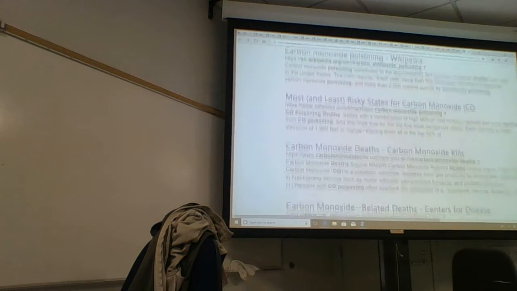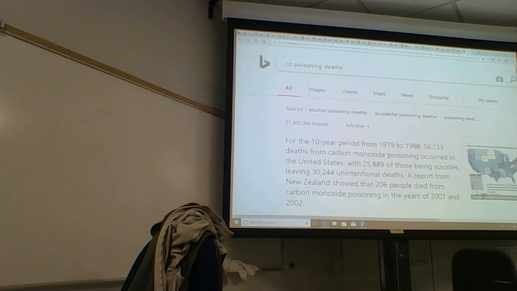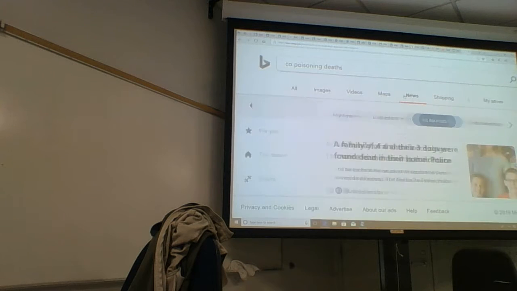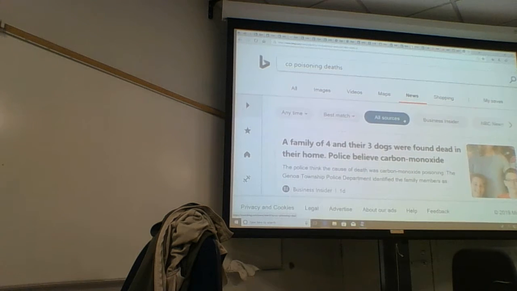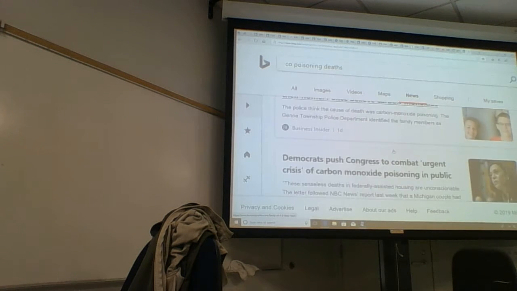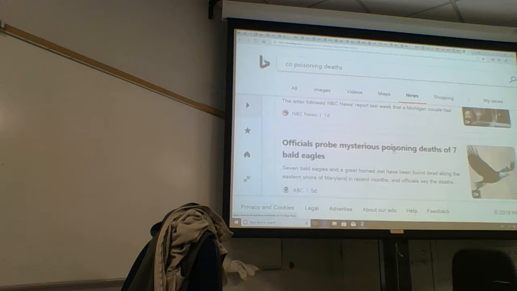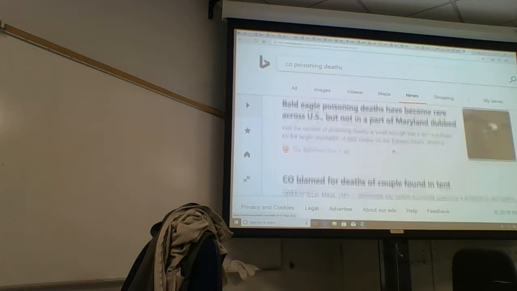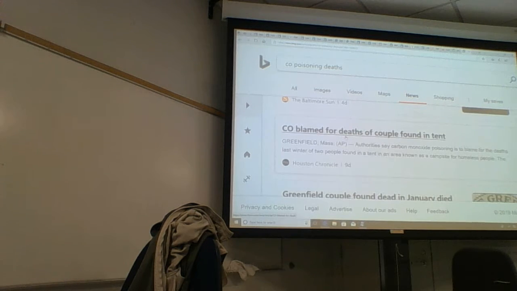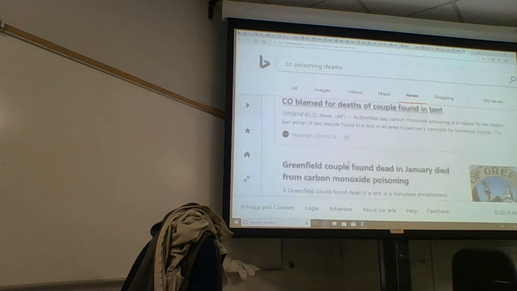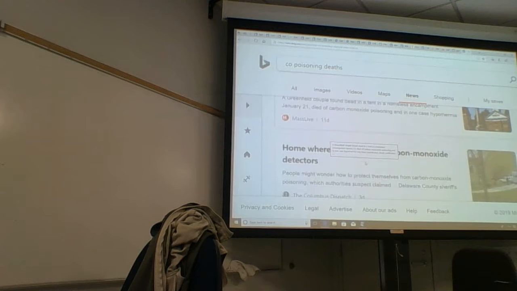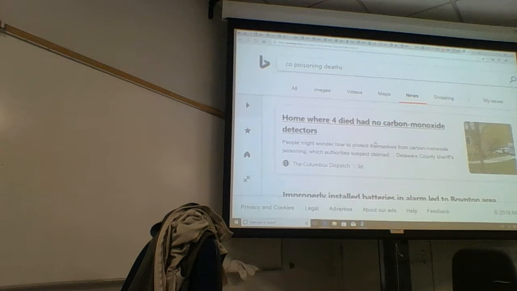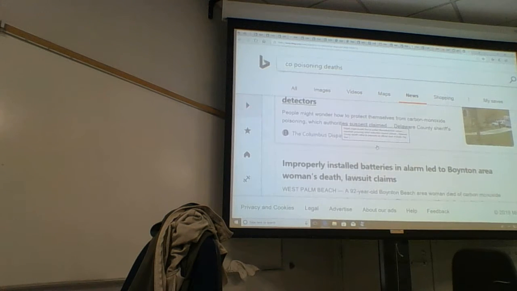But this was just in the news because there are so many. Family of 4 and their 3 dogs were found dead in their home. Carbon monoxide. Couple found in a tent 9 days ago. Greenfield couple 11 days ago. Family in Delaware.